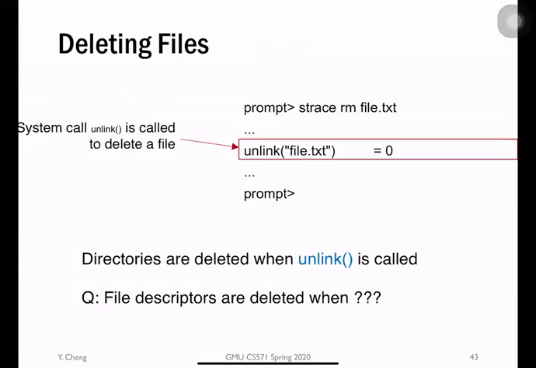So the question here is, when are the file descriptors, or FDs, deleted? Because file descriptors are runtime state, whenever a process as a caller opens up a file, it creates a corresponding file descriptor.